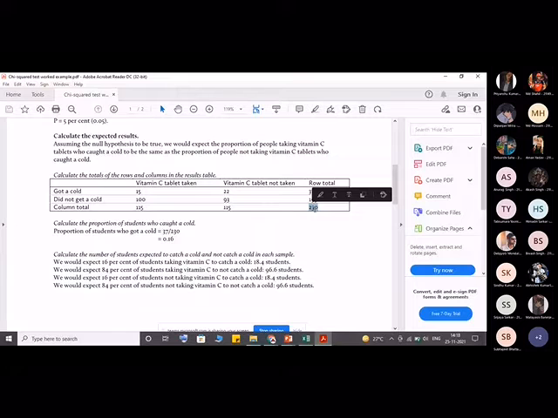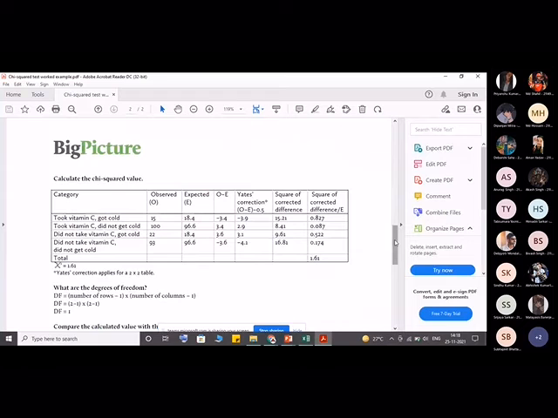Whatever value we get will be the expected value of this observed value. Suppose 22 is the observed value, so my expected value is 37 into 115 divided by 230. So easily you will get this expected value. Now you already have the observed values, and you have the calculated expected values.